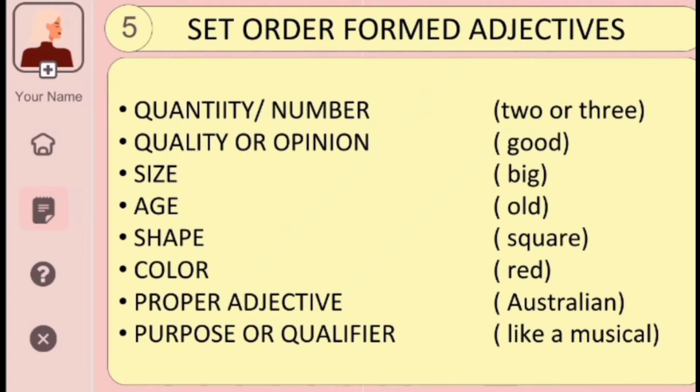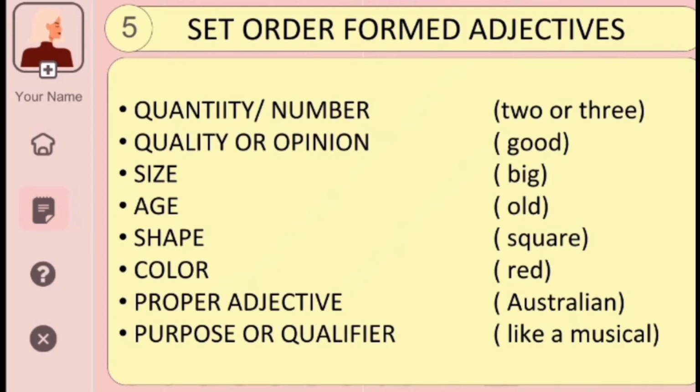So we have the quantity or number, like 2 or 3, the quality or opinion, good, size, either small or big, age, old, shape, square, color, red, proper adjective, Australian, purpose or qualifier, like musical.